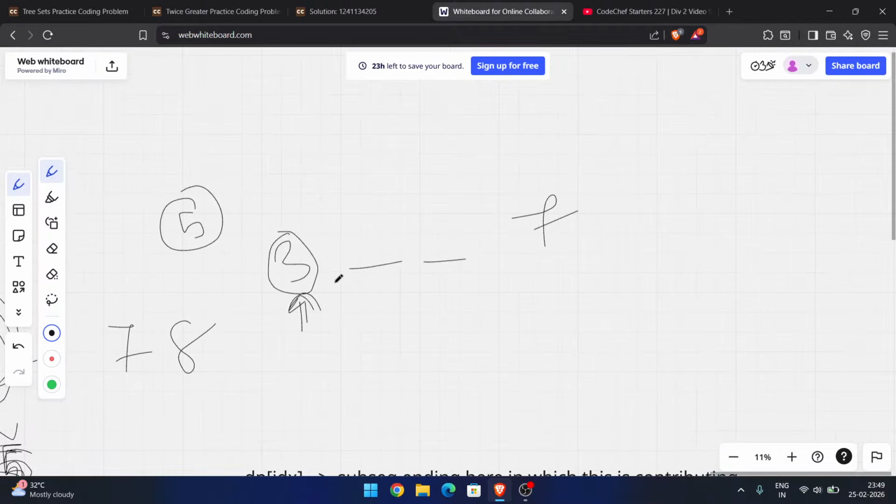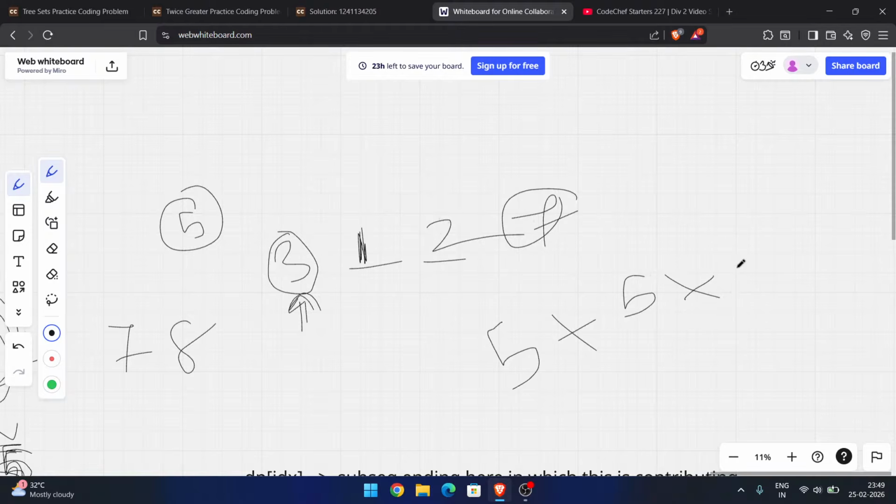So how many times would this 5 be carried forward? If I don't choose any elements, then it would be 5. Now, if I choose one here also, this 7 would still be contributing, so it would be plus 5. If I again choose this element also, then this would be plus 5 again.